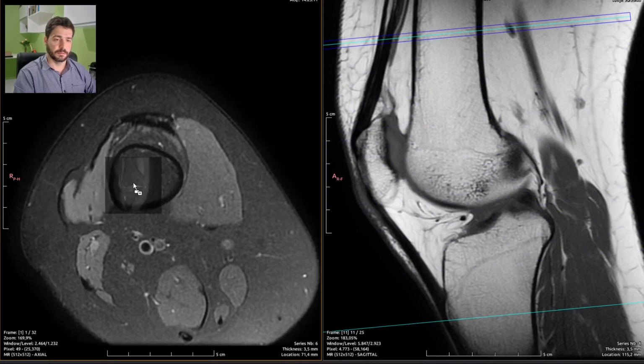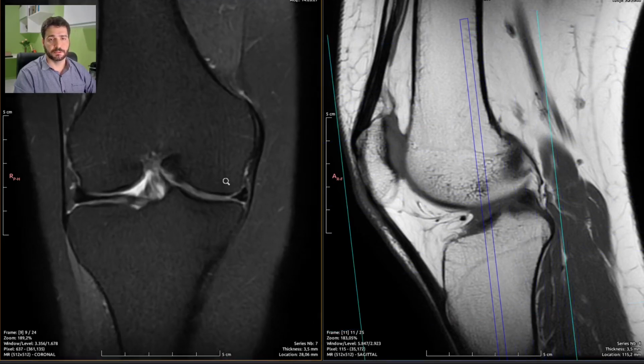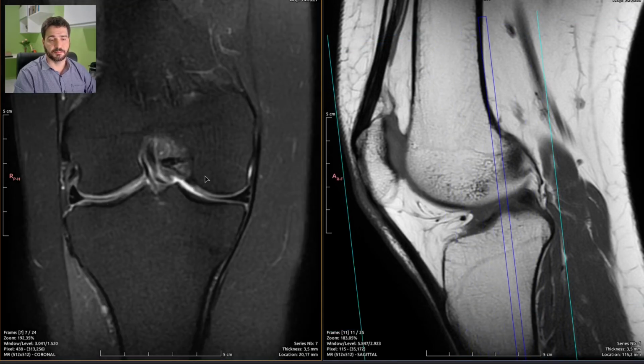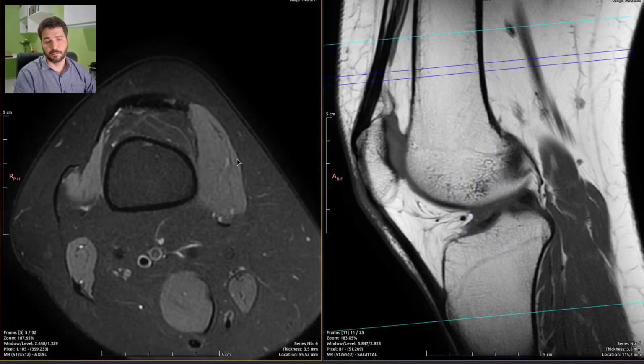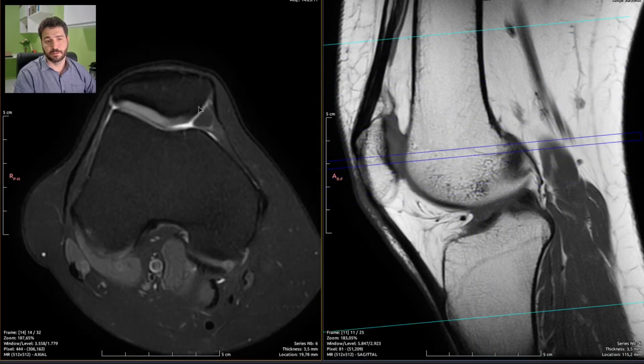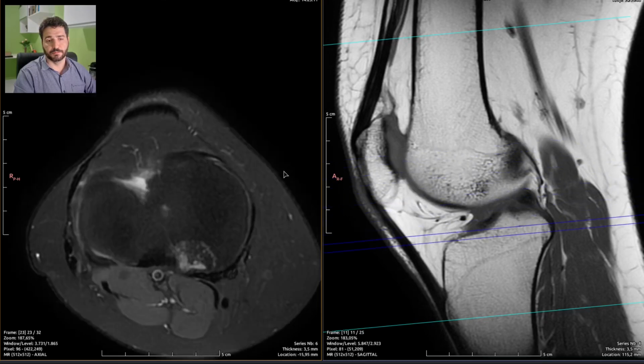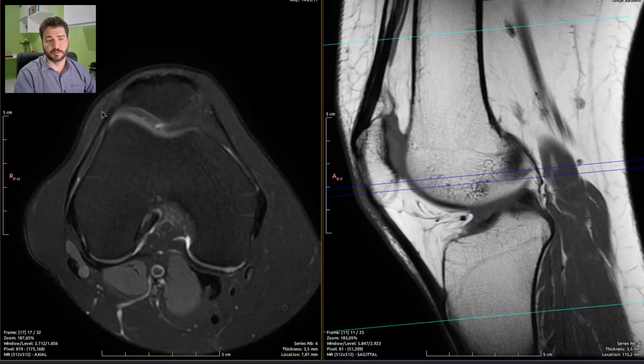So it's always like this: T2 or PD with fat saturation in bright liquid, and T1 as pure as they get. So let's go to the axial view. This is best to see morphology of the femoral trochlea and the patella.